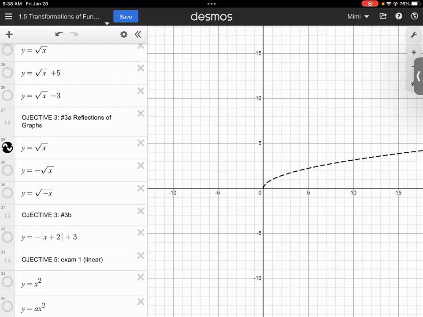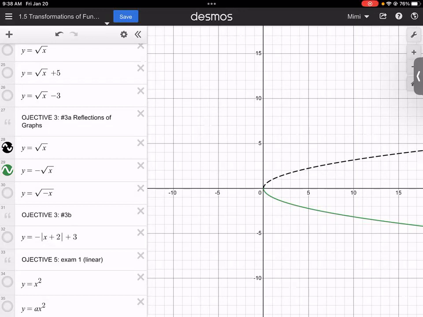Separate, it's -1 times the function, right? So the negative has nothing to do with the function. It comes from the constant. So when we have that, your graph is going to flip over the x-axis. Right? So the green one will be the mirror image of the dashed one.